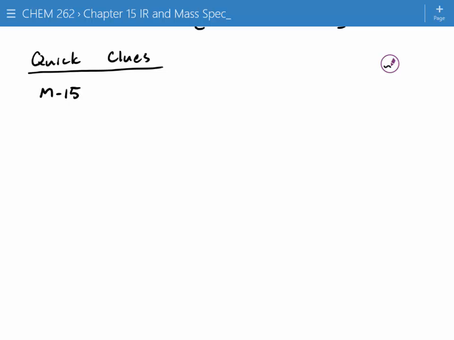What did that mean we lost? Yeah, so loss of a methyl radical. What about mass minus 29? What would that probably be? Yeah, loss of an ethyl group.